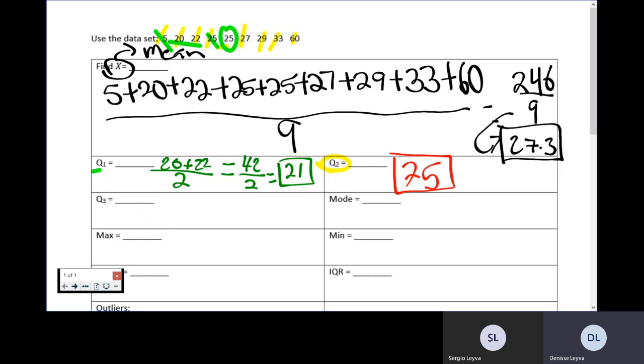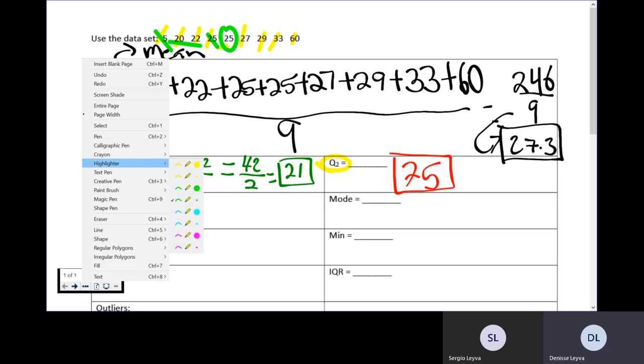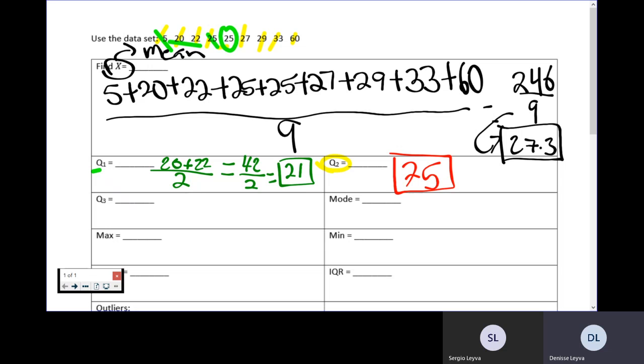I'm going to start looking for my Q3. My Q3 is on the right side, so I can start eliminating here. Notice how I have 29 and 33 as the numbers in the middle of the right side. So I'm going to add 29 plus 33 and divide that by 2.